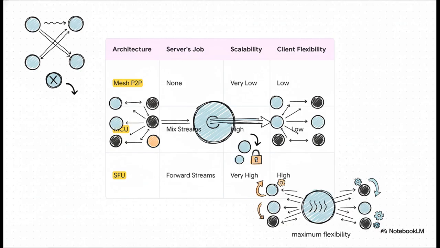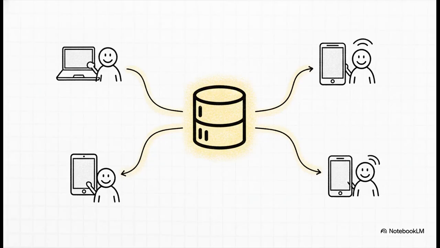And then there's the SFU, which gives us the best of both worlds. It's super scalable because the server's job is easy, and it gives your computer maximum flexibility to do what it wants. And that's the big takeaway. The Selective Forwarding Unit, the SFU, that's the elegant and efficient design that powers basically every major video platform you use today. It's the answer to our original mystery.